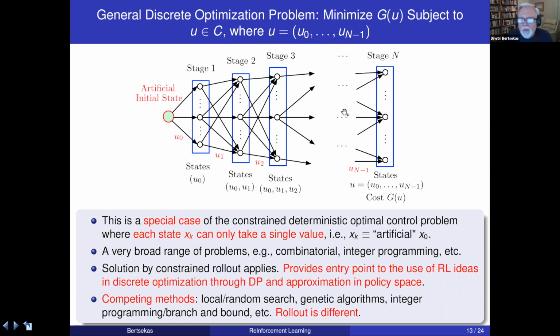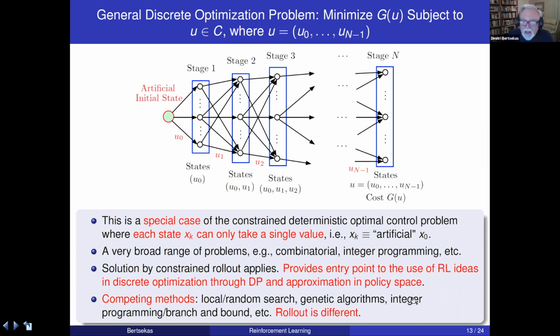There are various operations that you can apply. And okay, if you have some intuition about your problem, you can generate interesting neighborhoods from within which to search. And these algorithms have their successes and also their failures. They are important classes of algorithms, but the main thing is that rollout is different.